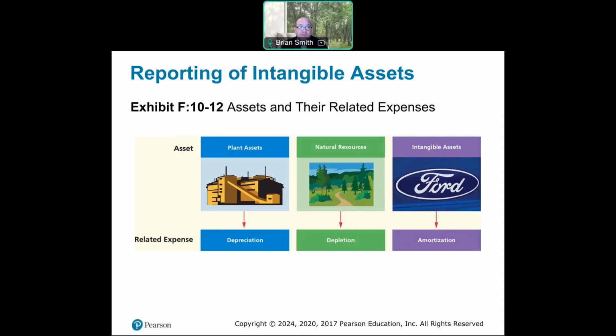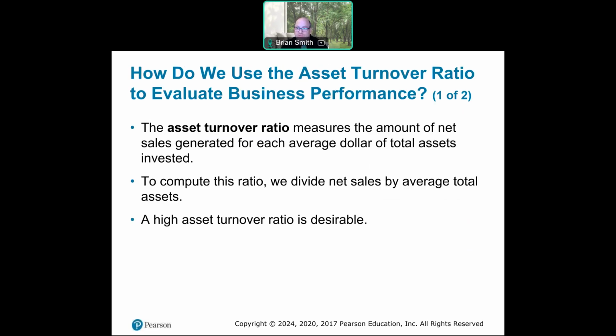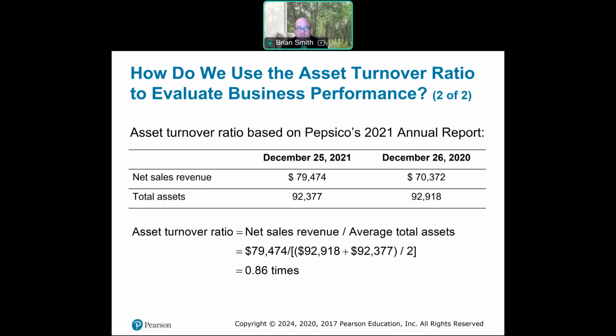Oh, this is fun. I like this one. Reporting of intangible assets, where we list plant assets, natural resources, and intangibles. It should have just said overview. So, the asset turnover ratio. Just know how to get the formula and know how to do it. It's net sales divided by the average total assets.